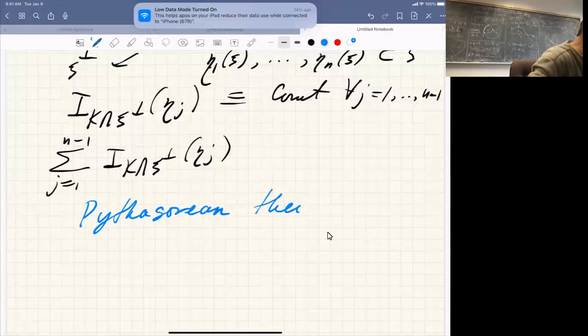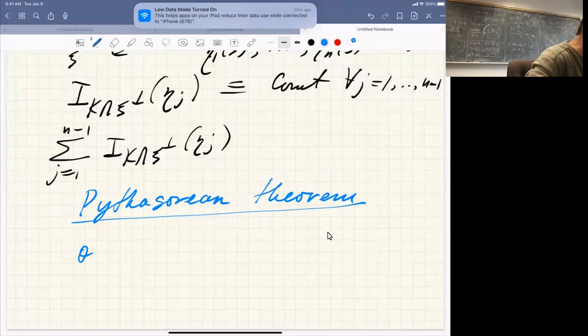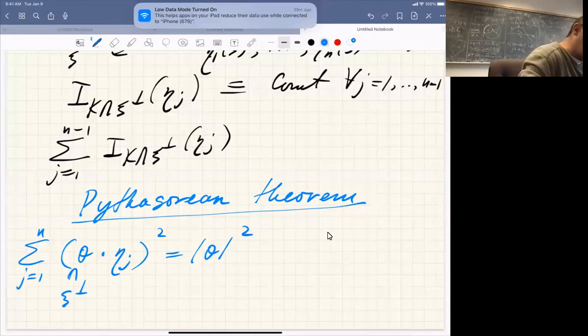If I have any vector theta in the subspace, and I take the scalar product with this vector eta j and square it, this is an orthonormal basis, and I sum this up over j, this is the same as the length of the hypotenuse, theta squared. But this is a unit vector, so this is 1.